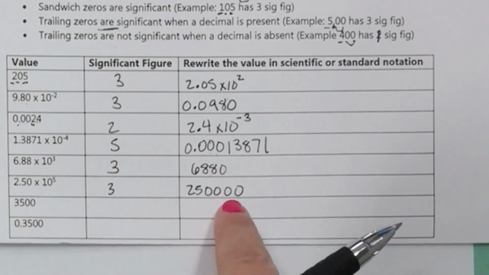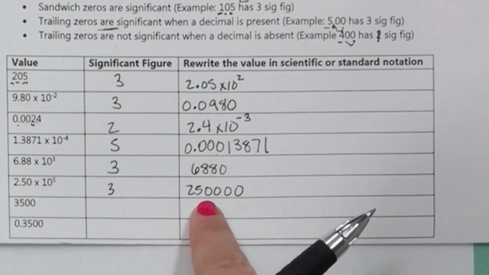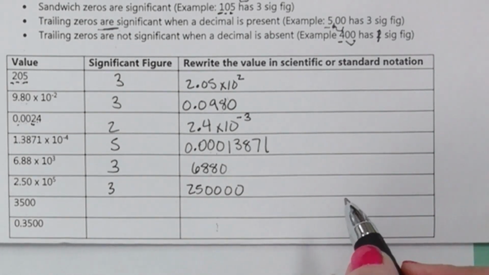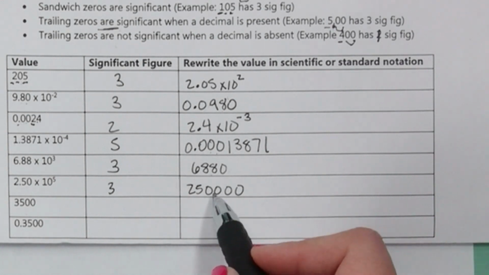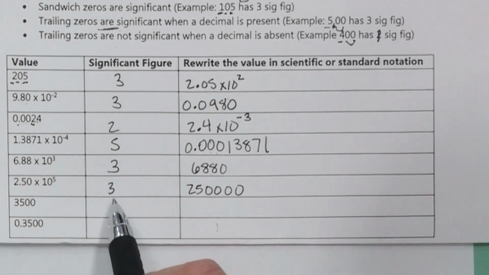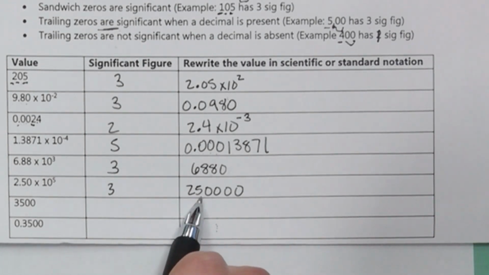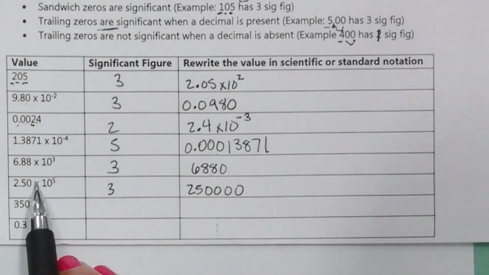So if I calculated this value on a problem that I was given in class, and I wanted to have 3 sig figs, the only way to put this value 250,000 into 3 sig figs is to put it into scientific notation.